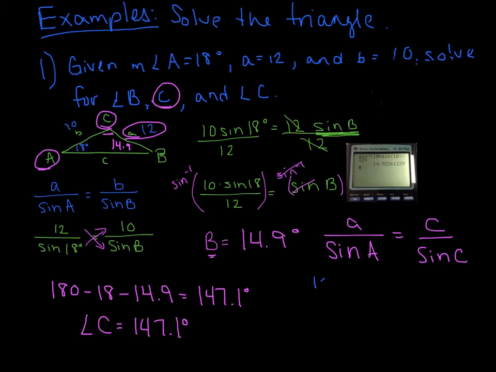A is 12. Angle A is 18. Side C, I don't know, so I'm going to leave it as a C. And angle C, I just figured out to be 147.1. So I'm going to cross multiply.